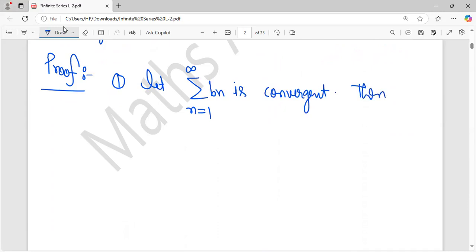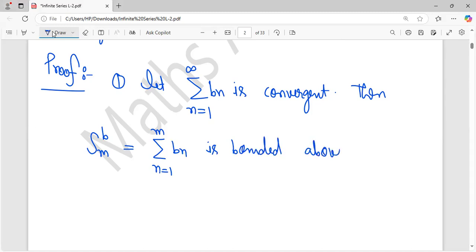Then this series, then S_m^B is equal to summation n goes to 1 to m bn is bounded above. Okay.